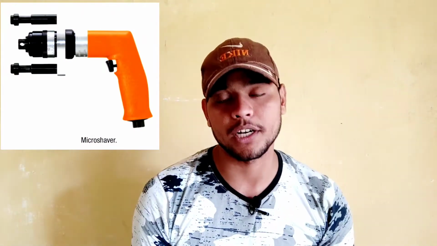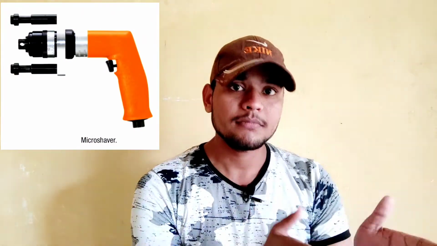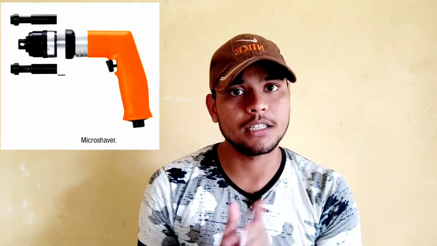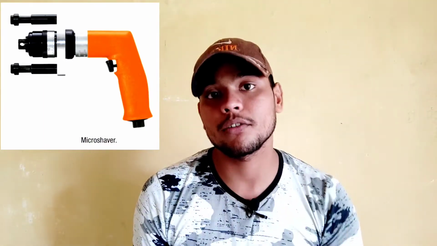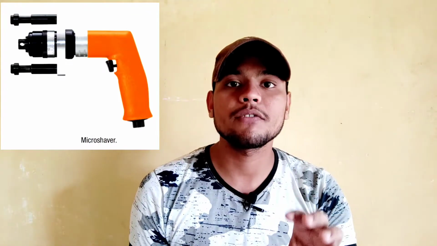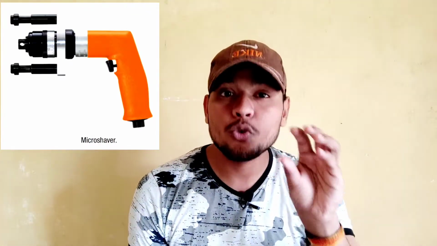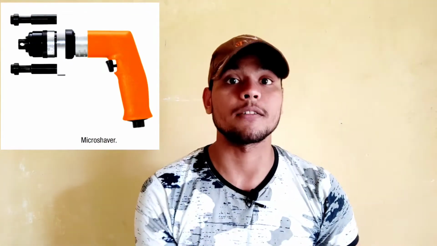Now the next component comes into the picture when you are talking about pneumatic guns, meaning pneumatic riveting. It is the micro shaver. It is a very important tool. Why? Because, as I said, in hand riveting you use dimpling tools; likewise here you use micro shavers. Micro shavers are devices used to smoothen the skin after riveting.